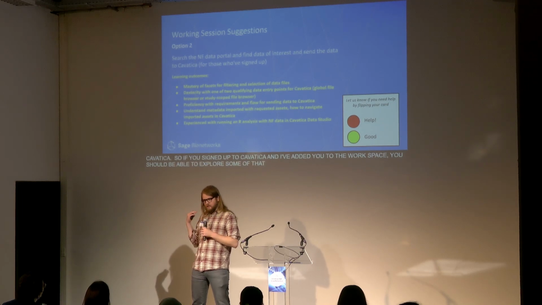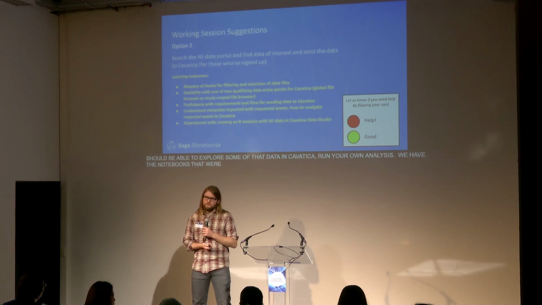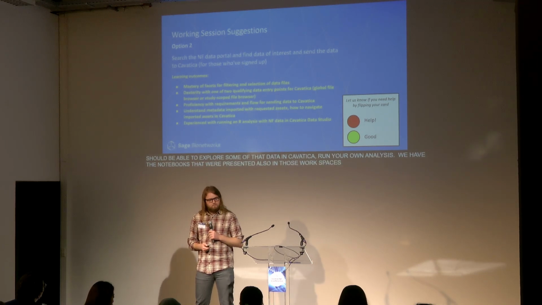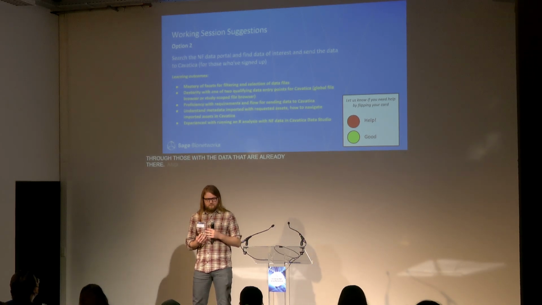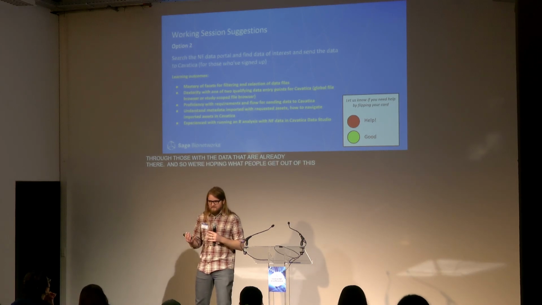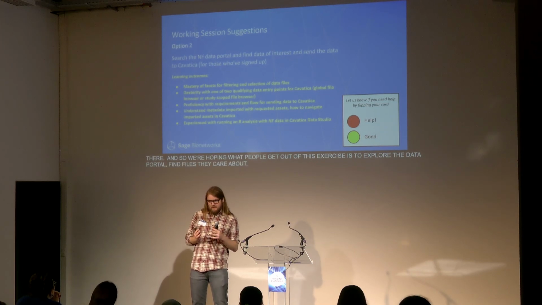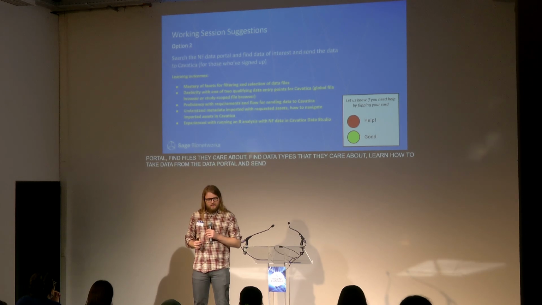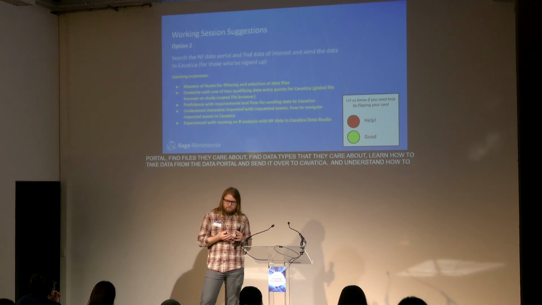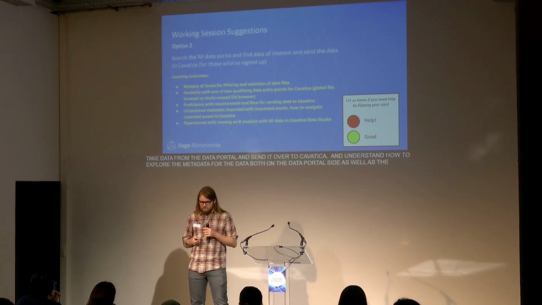We have the notebooks that Anouette presented also in those workspaces if you'd like to run through those with the data that are already there. We're hoping people will get out of this exercise to explore the data portal, find files and data types that they care about, learn how to take data from the data portal and send it over to Kavatica, and understand how to explore the metadata for the data both on the data portal side as well as the Kavatica side, and run an example R analysis over in the Kavatica Data Studio.